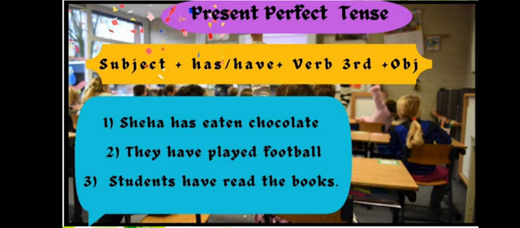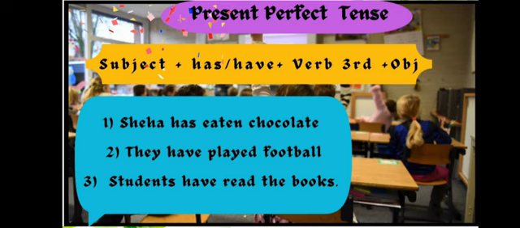Similarly, we will know the next examples. Now read along with me. They have played football. Here the subject is they, have is added, plus the verb is play, its third form is played, and football is added. And the third example is the students have read the book. Students have read the book.